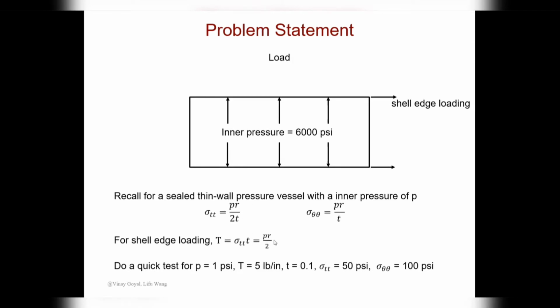According to the formula, it should be PR over 2. Well, we can do a quick test for this kind of loading by entering the pressure equals 1 psi. So according to the calculation, the T should be 5 times P, which is 5 pounds per inch. And the thickness, let's assume, is 0.1.